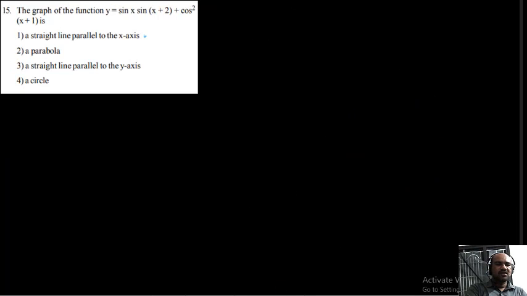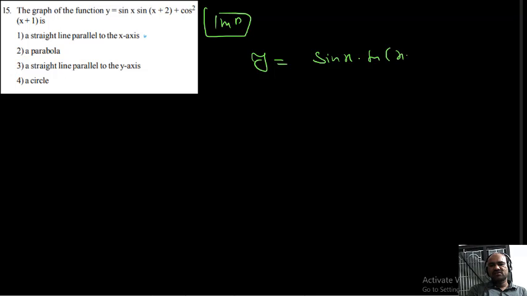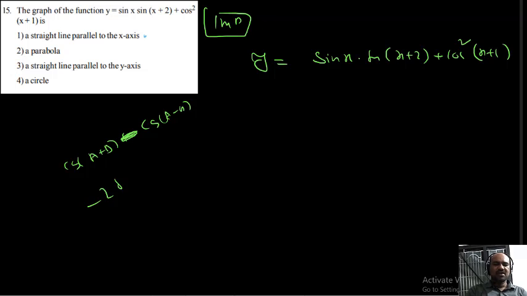Okay, next question, students. The graph of the function y equal to sin x into sin of x plus 2 plus cos square of x plus 1 is dash. Interesting problem, important model. So already you have a formula: cos of a plus b minus cos of a minus b equal to minus 2 sin a sin b.